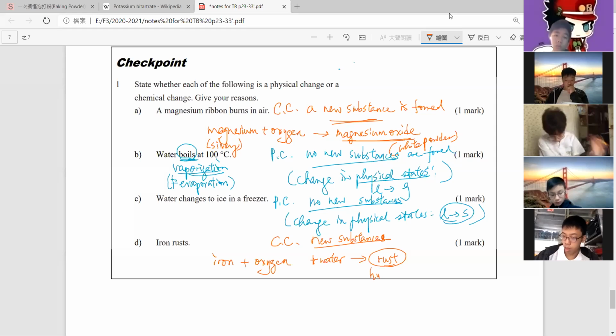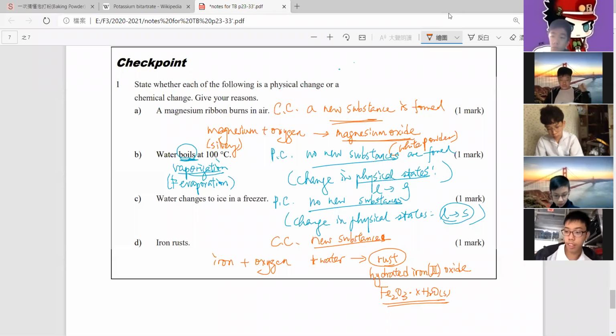We will say it as hydrated iron 3 oxide, right? Very complicated name with a formula, Fe2O3.XH2O. I just want to scare you, not choosing chemistry. So hydrated iron 3 oxide.